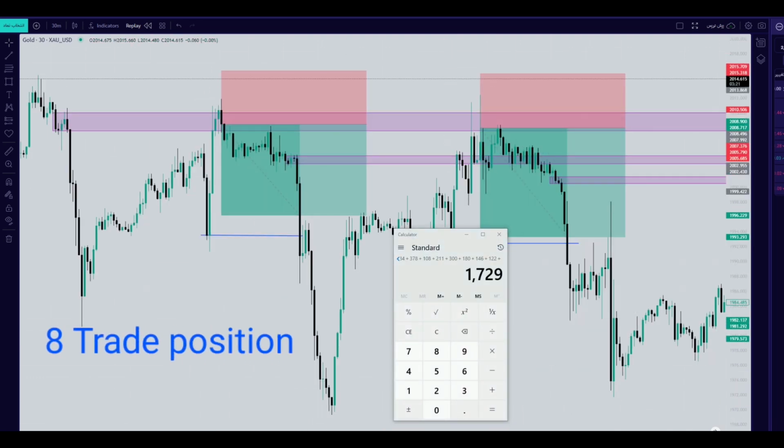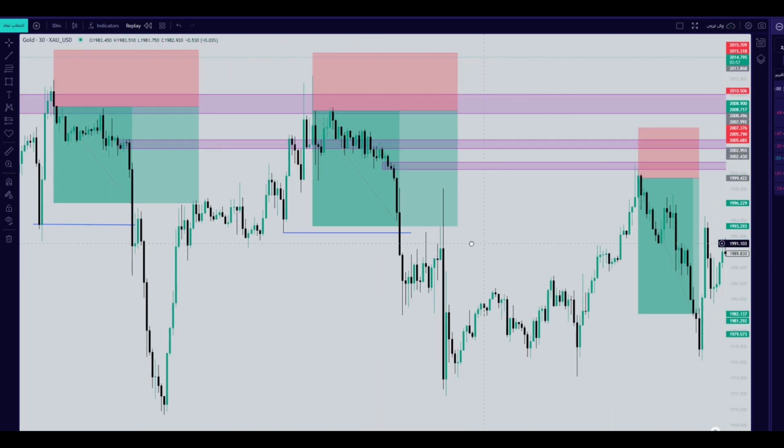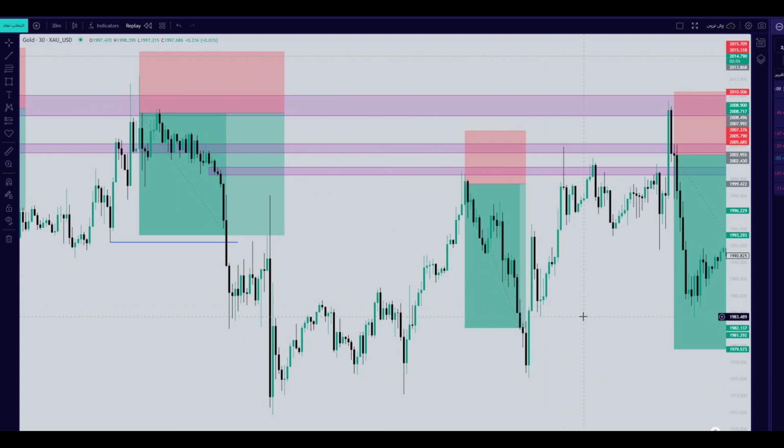In only 8 trading positions, we made 1,729 pips of profit. If you follow my instructions, you can also find the order blocks on the chart and do backtesting for the purpose of practice.